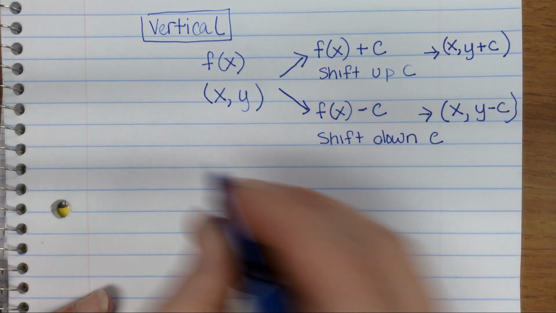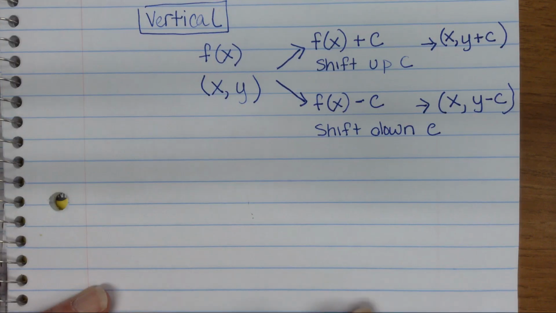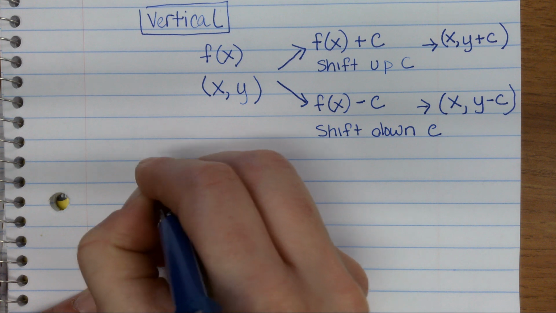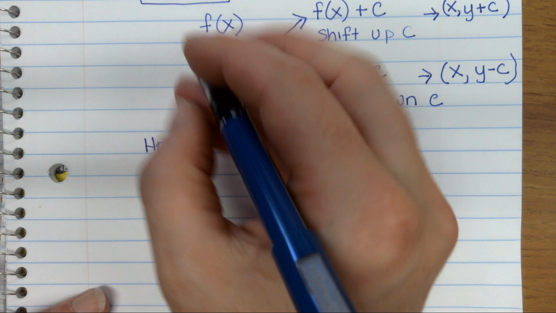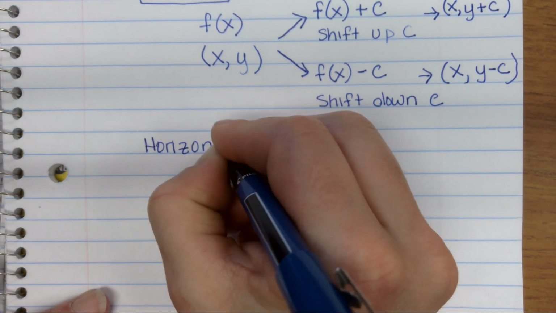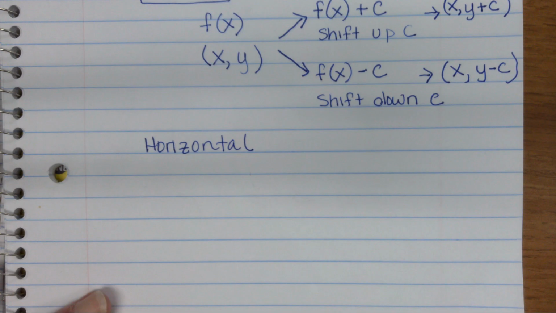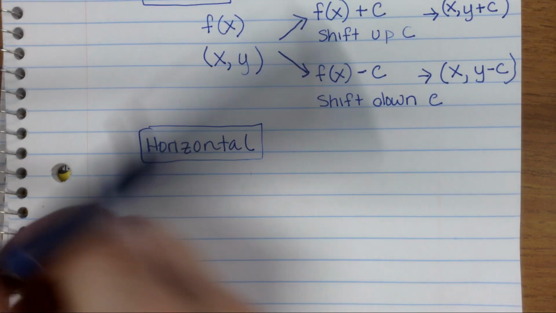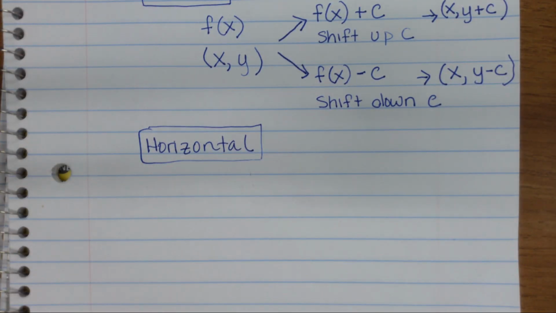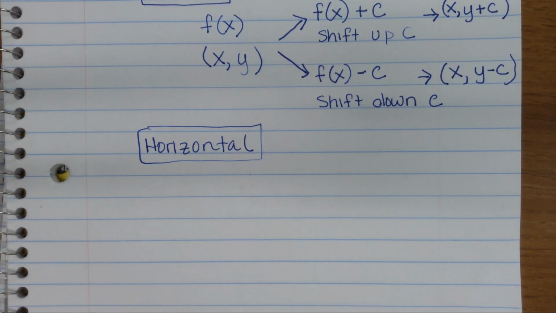All right, second type. The second type of slide or translation was horizontal, or left and right. And when we're dealing with horizontal, I'm going to put a little star here because I said something about x.